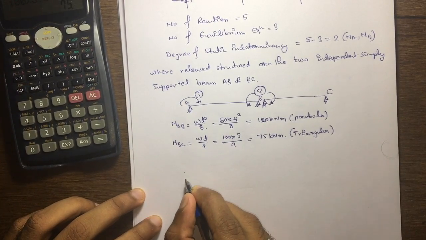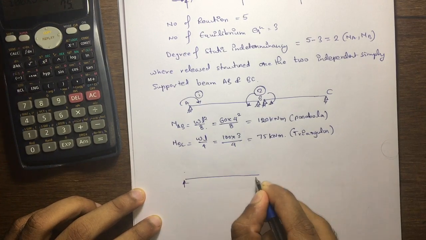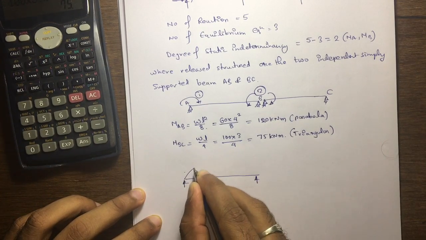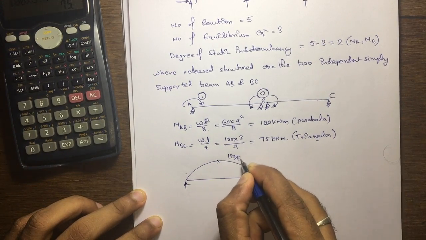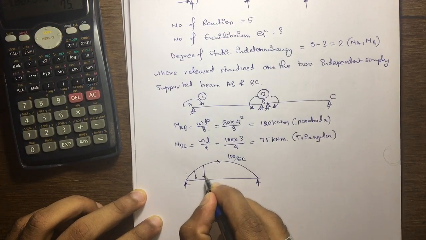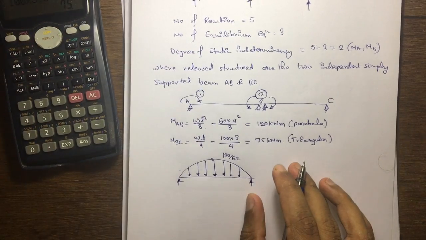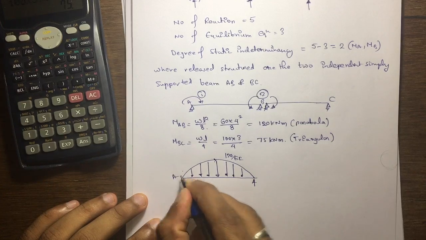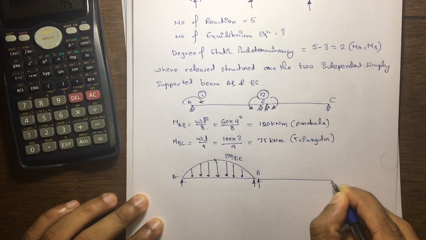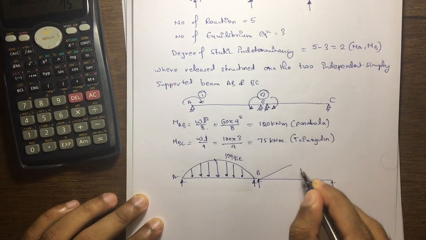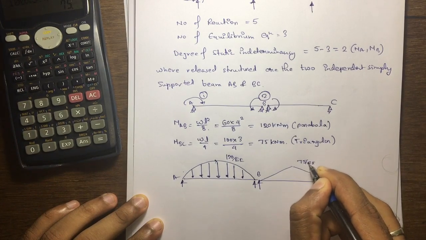First one, parabola, load value is 120 divided by EI. This is A, B. At the same time, one more beam, that is the triangular load, value is 75 divided by EI.